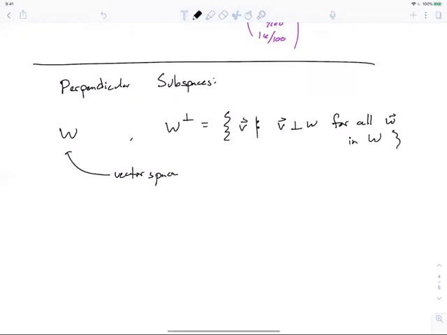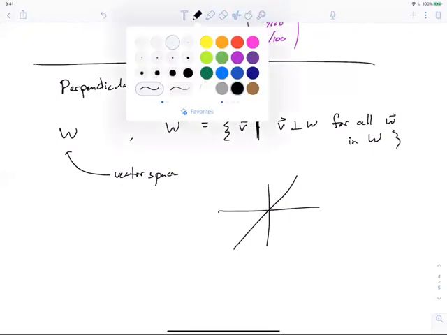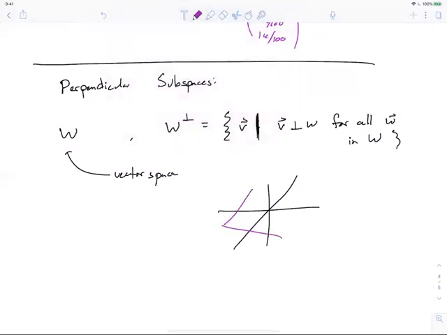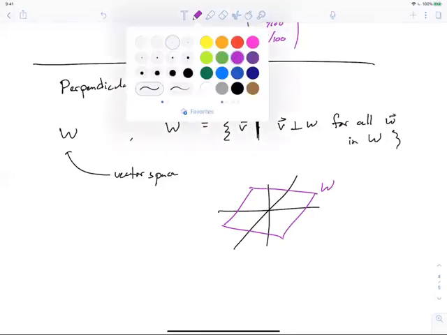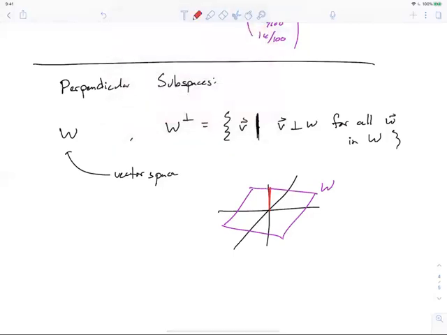So to give you a slight picture of what's going on here, if you had a subspace, suppose you had some plane. This might be W, that might be your plane in 3-dimensional space. Your W perp is going to be the set of all vectors perpendicular to that go through the origin. So that would be what W perp looks like.